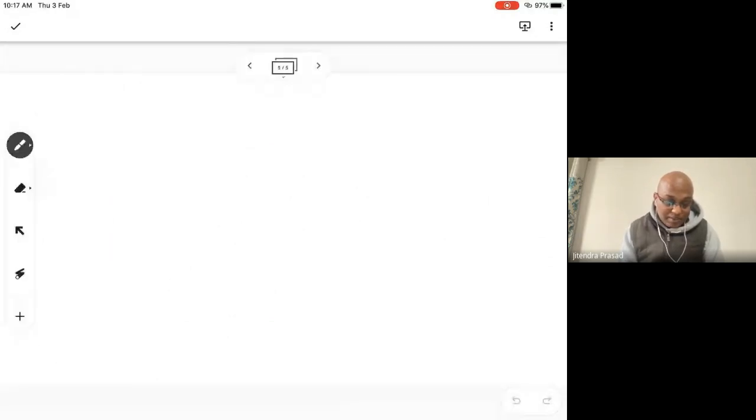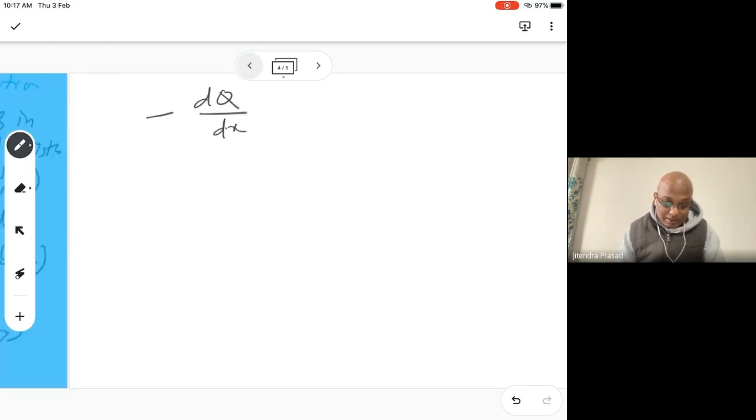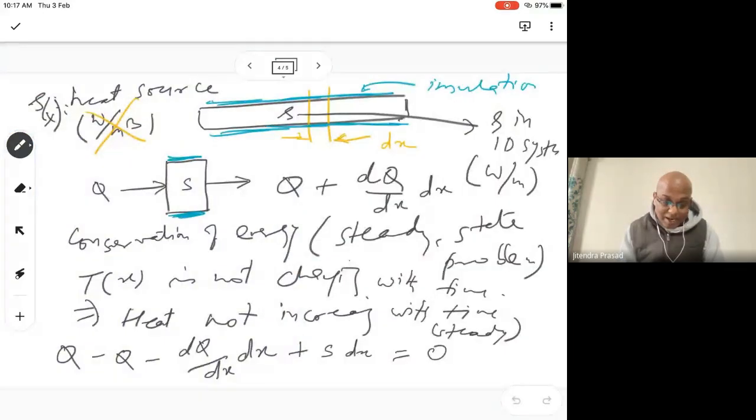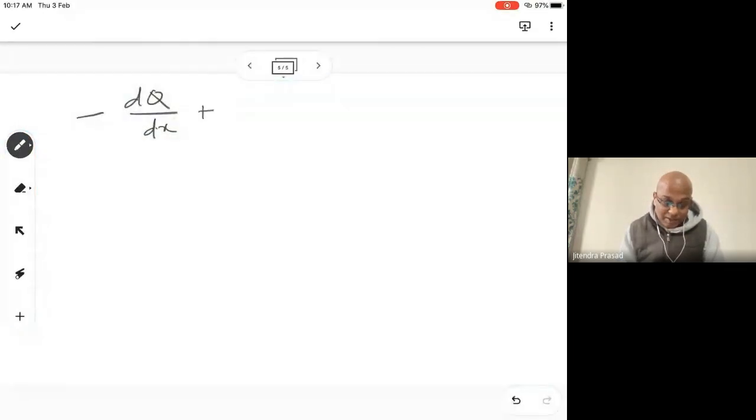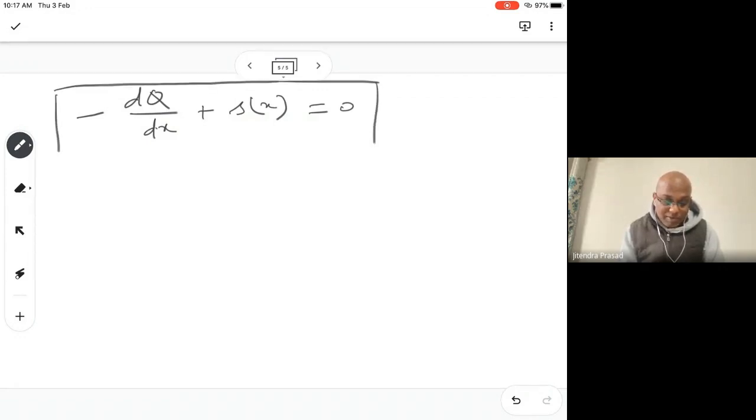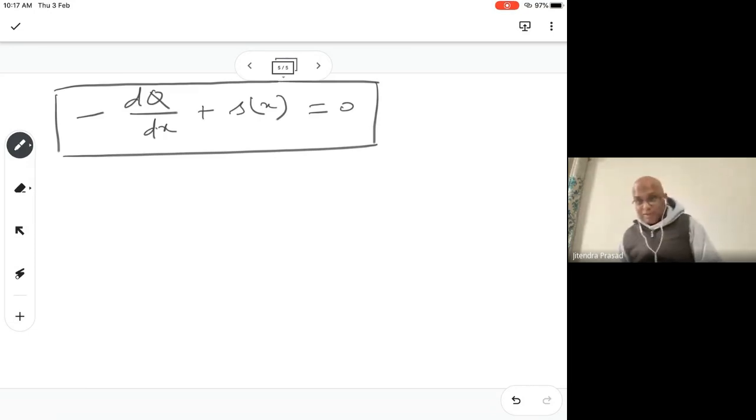So we get minus dq over dx plus S as a function of x equal to 0. So this is the equation of heat conduction. This is coming from the conservation of energy principle. Now we have to work on the details.